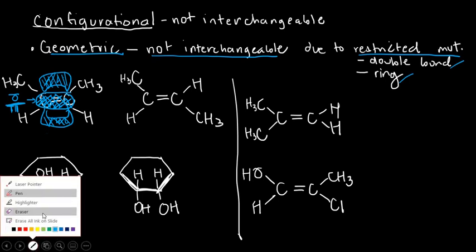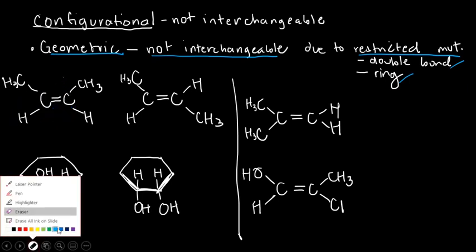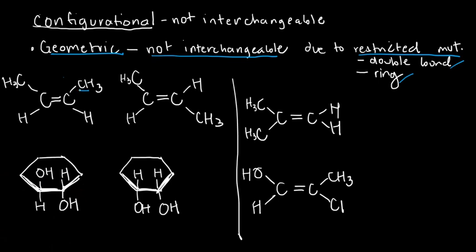So for example, if I may erase this, if I can imagine trying to put this CH3 at the bottom, since you can imagine that this bond is rigidly connected here, and that's connected here, the moment you try to put your CH3 down, because of the restricted movement, you have no choice but to put the CH3 on the other carbon down also. Or if, for example, I try to put this carbon down, then this one will also go along with it, it will go up.